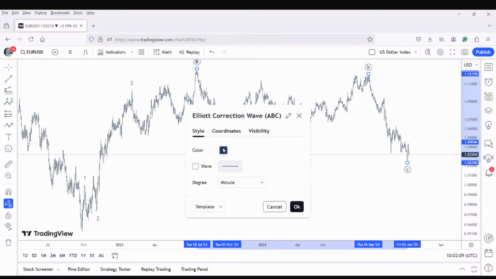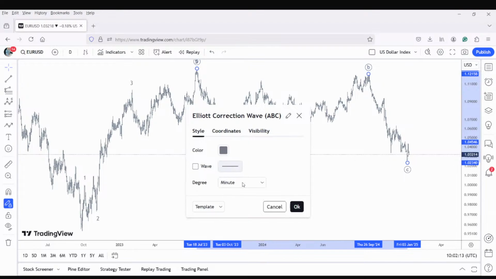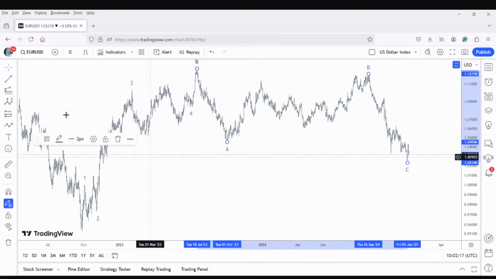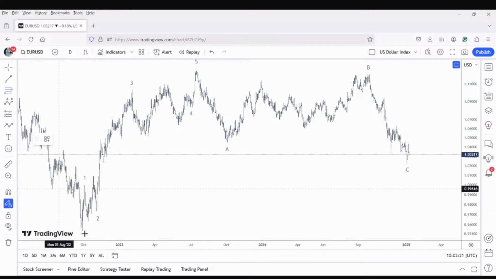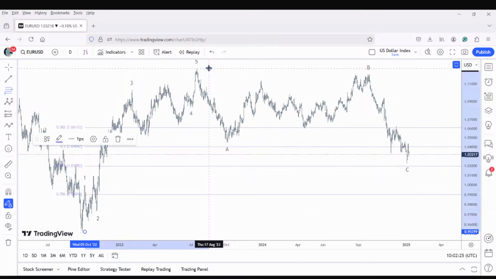Again, from minute, I need to shift to minor. And not to forget the Fibonacci 61.8% touch on the daily chart, from where prices have bounced three days back, after hitting last Friday's lows.